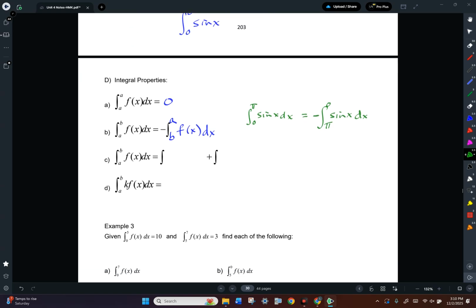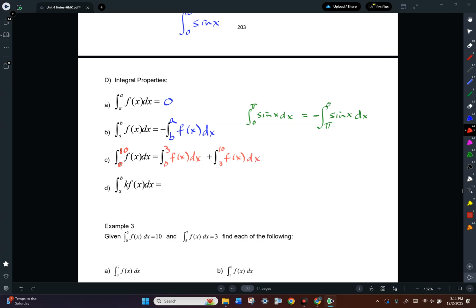Okay, letter C, I'm going to adjust this. Instead of using a to b, I'm going to say the integral from 0 to 10. It's just easier to see it if you have specific numbers. If you want, you can separate that interval into multiple intervals that you're going to add up. You might say that it would equal the integral from 0 to 3 of the function plus the integral from 3 to 10 of the function.